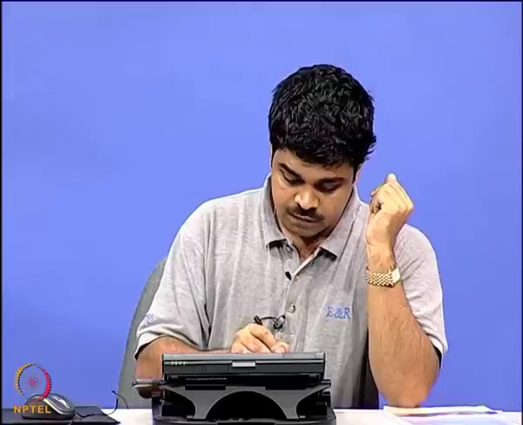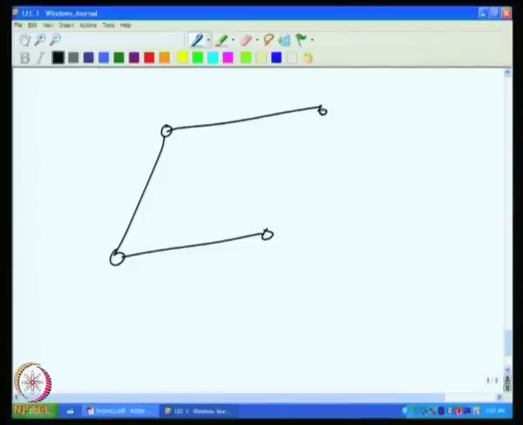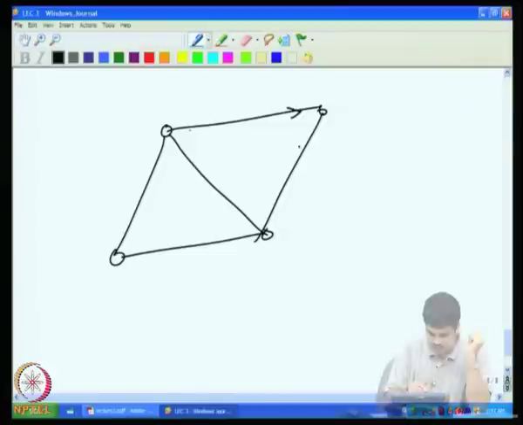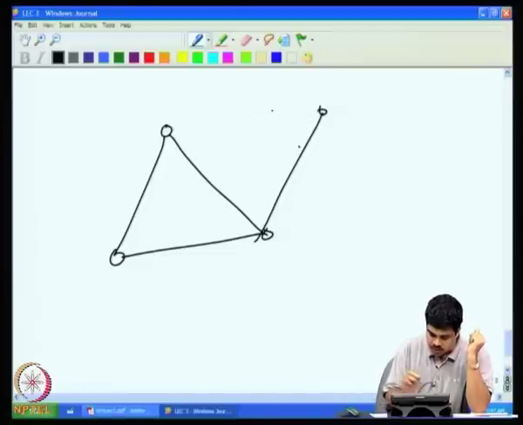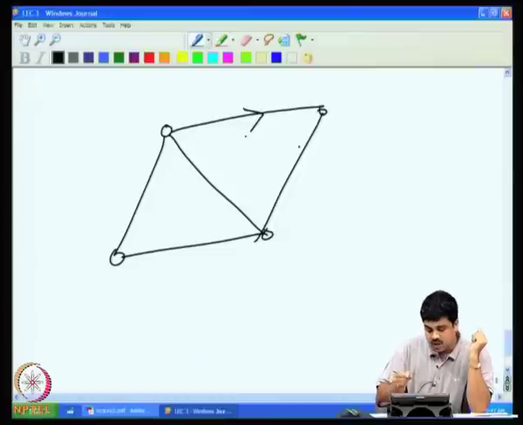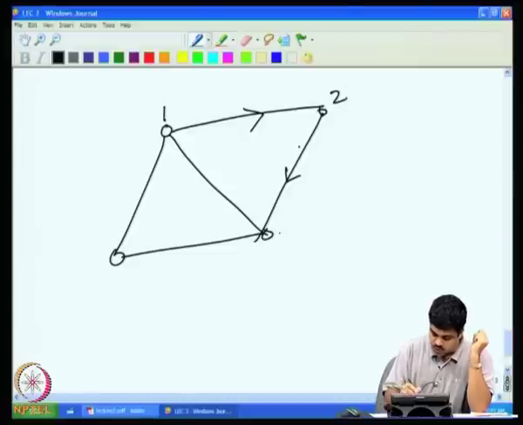So, let us say if this is our graph, we will also put an arrow, a direction associated. So, this edge is not just this, it is from here to here. Similarly, this may have a direction like this. So, if I number it 1, 2, 3, 4, it is essentially ordered pairs.